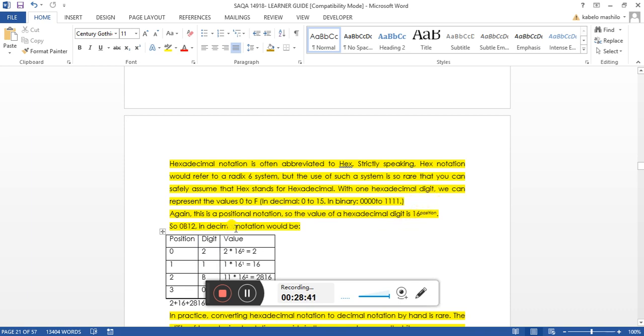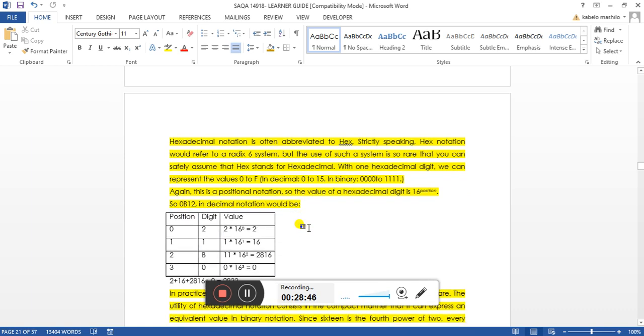So 0B12 in decimal notation would be digit 3, digit 2, digit 1, digit 0. So position 2, we know it's 2, and digit 1. Bear in mind, it's 0B12, counting from 3, going up.